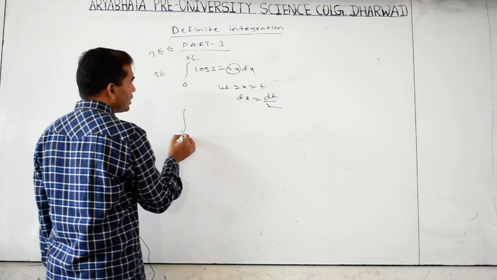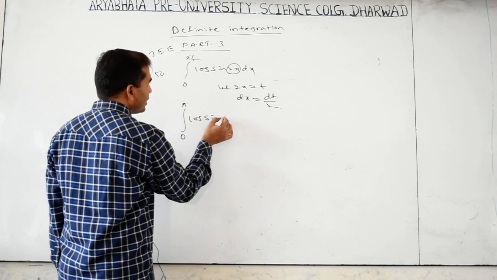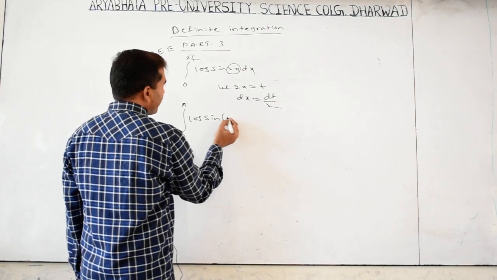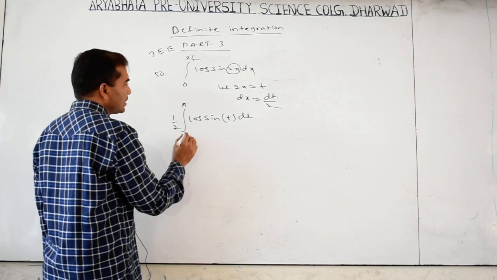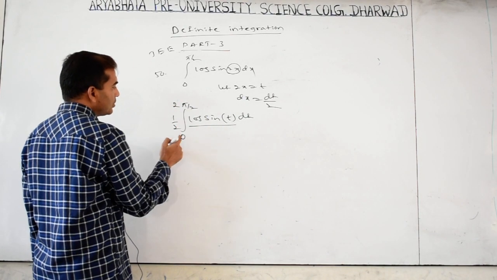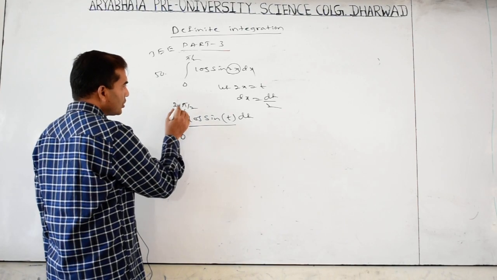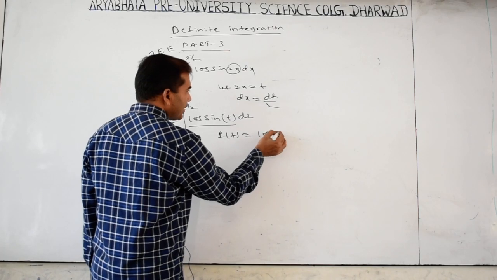Integration, lower limit is 0, upper limit is pi, log of sin t, and dx is equal to dt by 2. This is the formula 0 to 2a: integral of f of x dx from 0 to 2a, with f of t as log of sin t.